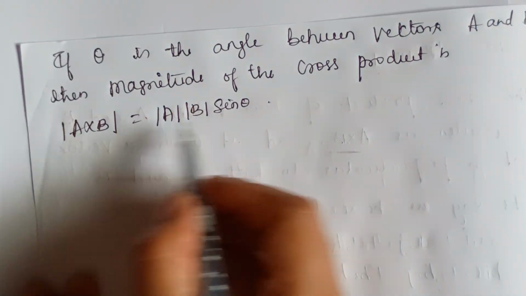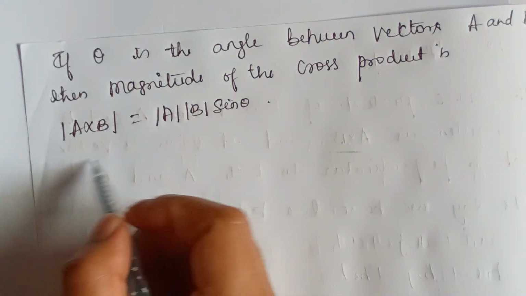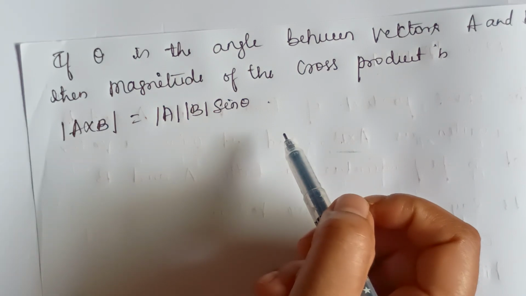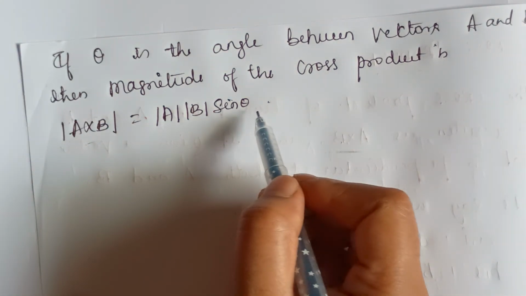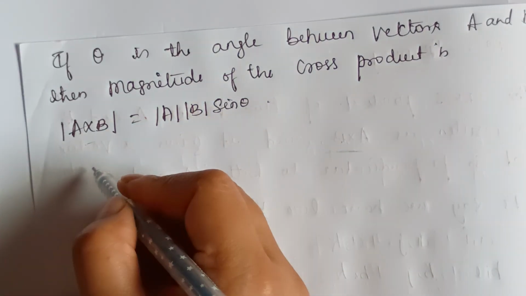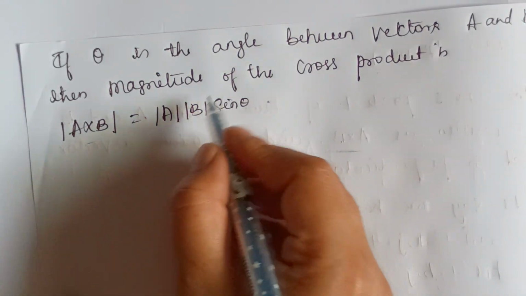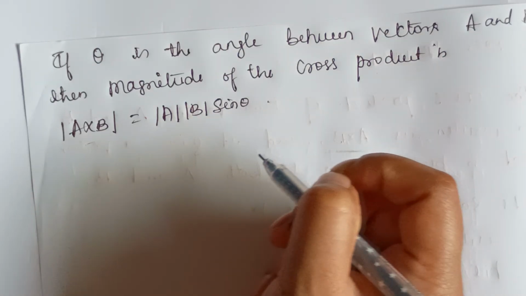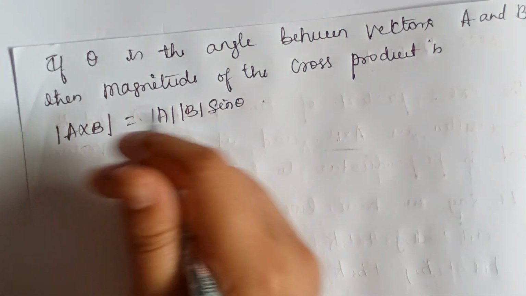Done? This tells you the area of the parallelogram formed by the vectors A and B. So not only does the cross product give you direction, it also gives you the area. Done?